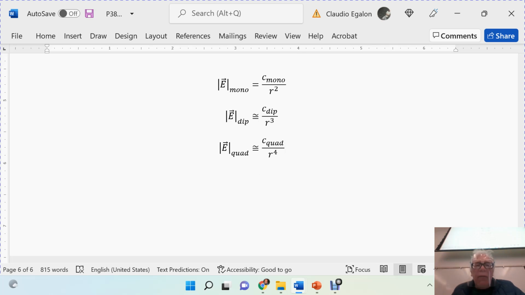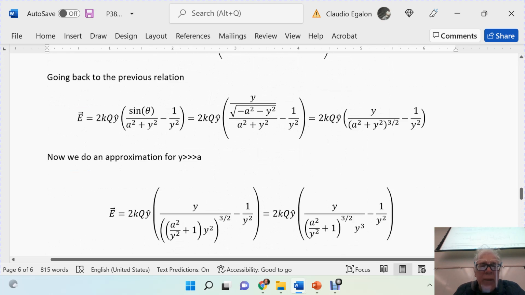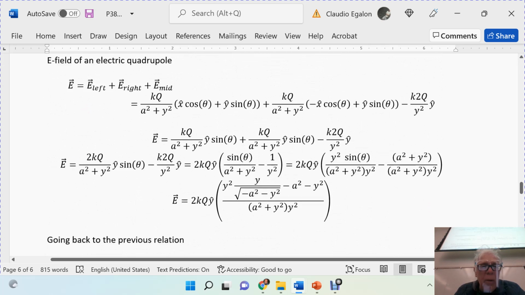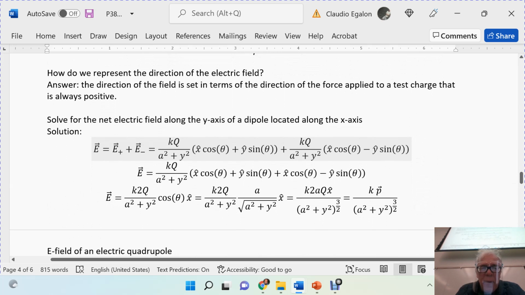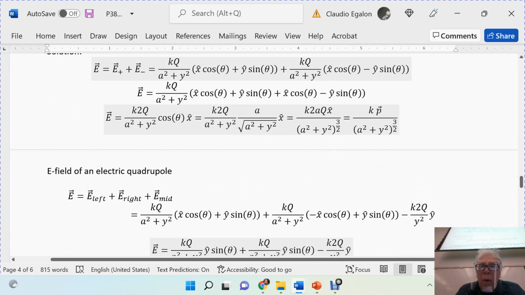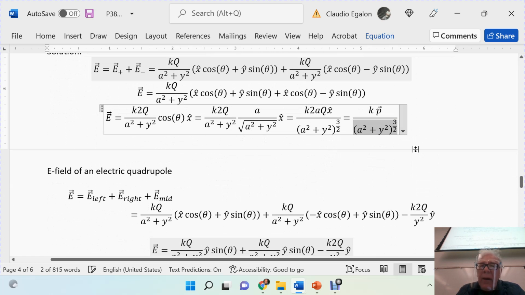You can even go back here to the equations that we did for the dipole. Where's the equation for the dipole that we did last time? Here you go. Right in here. What you see right in here is the cube of the distance. Why is that? You have this a term that is squared, and this term is raised to the power of 3/2.